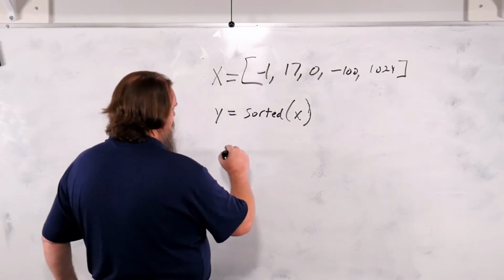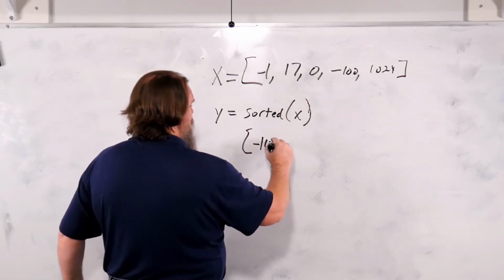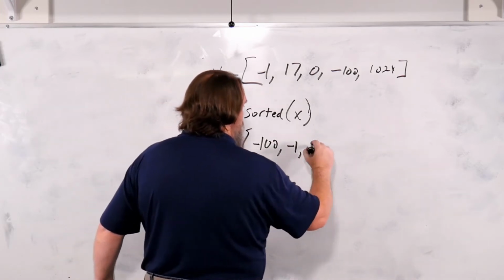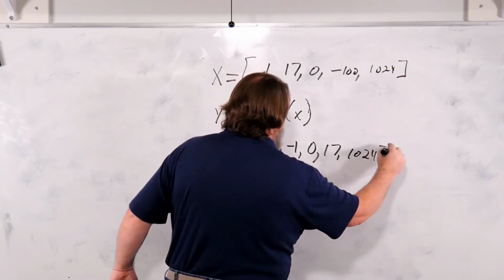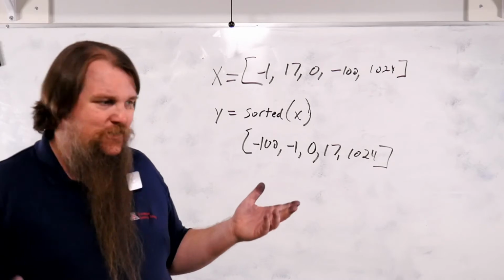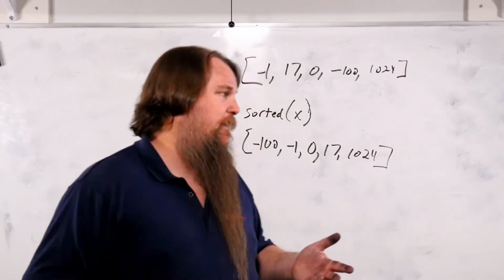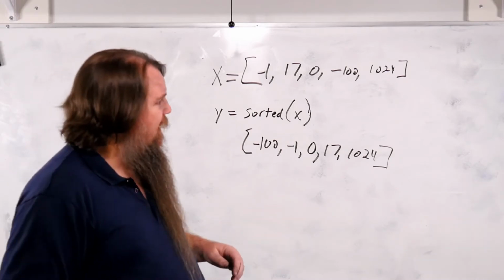And so when we get this, what we know is that y is -100, -1, 0, 17, 1024. And you say, okay, well, we can sort integers. That's mildly interesting. We could sort strings. Can we sort other things?